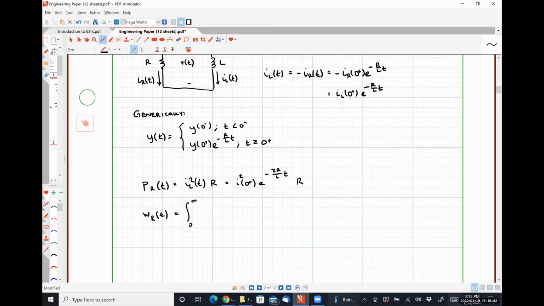T equal to infinity is when the inductor stops transferring energy to the resistor. So we just have the integral: the energy absorbed by the resistor is the integral of the power delivered to the resistor. Anybody got a problem with that?